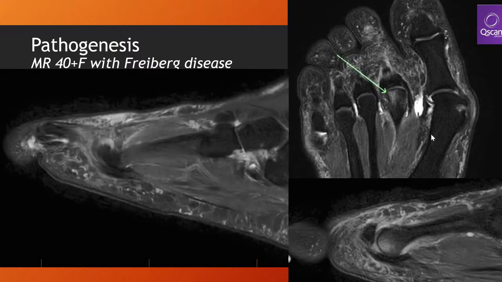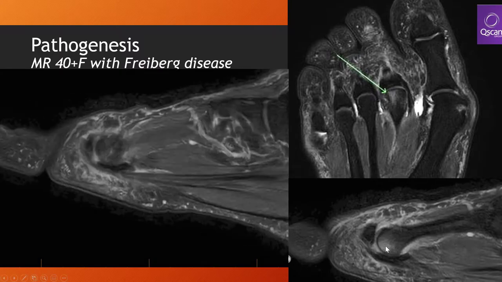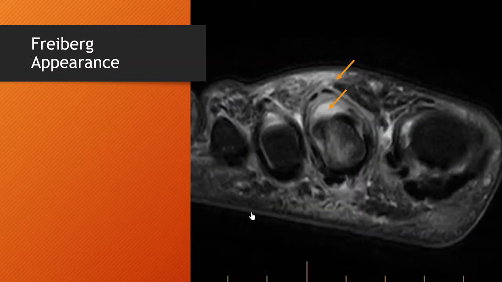And the microtrauma is proposed to damage the small nutrient arteries in this region that then feed the subchondral bone. So an early sign to look for on ultrasound, even though this is an MRI, is this soft tissue swelling, dorsal joint effusion, and tenosynovitis as seen here. Stress fracture may be something we can detect as well.